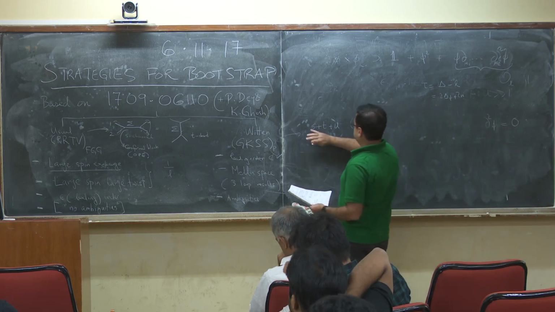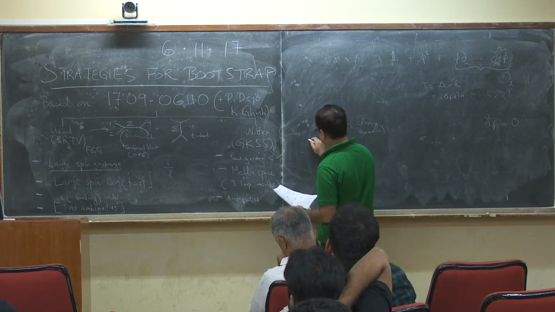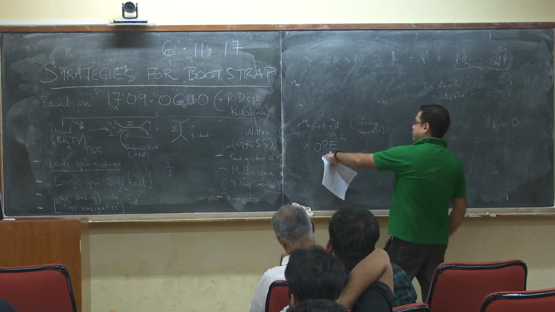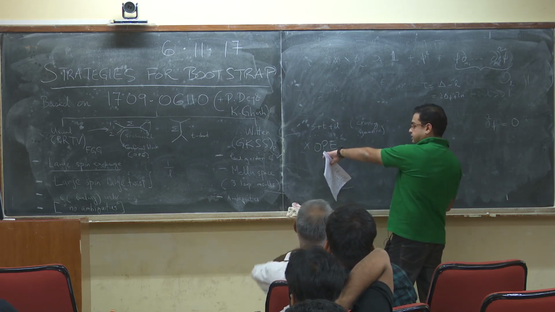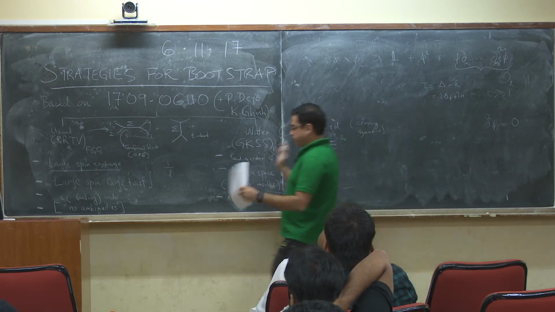So this is automatically crossing symmetric, but it is not automatically compatible with OPE. You have to check that the final result is consistent with OPE. In fact, you start getting spurious poles in this approach that you have to remove by solving the consistency condition.